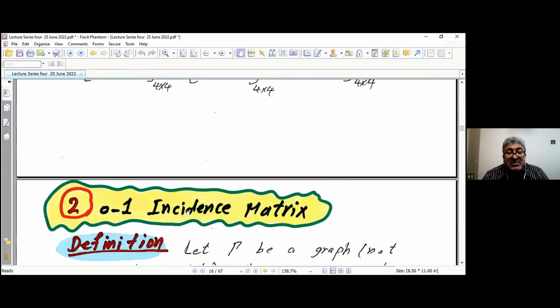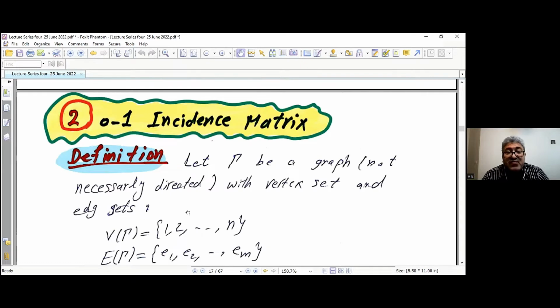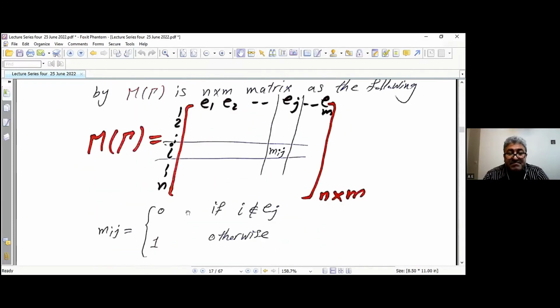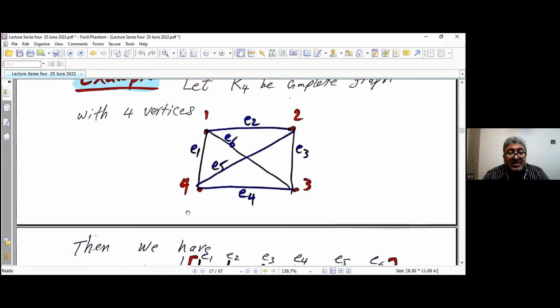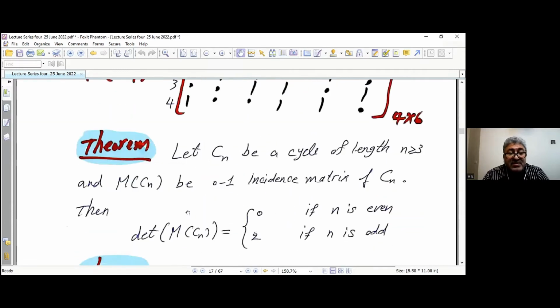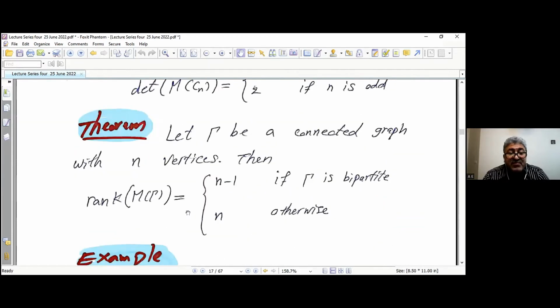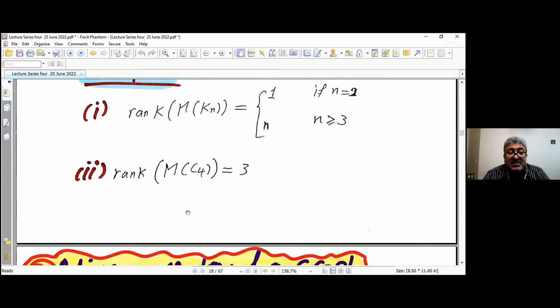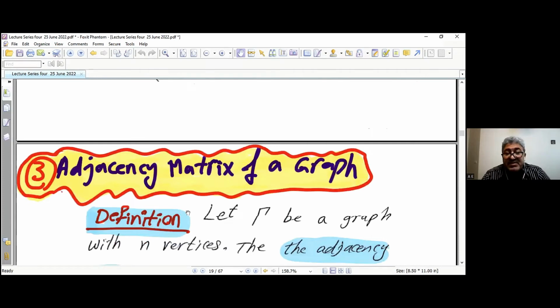So this was the second matrix which I introduced. And the third one, which is one of the important matrices, was the adjacency matrix of a graph.